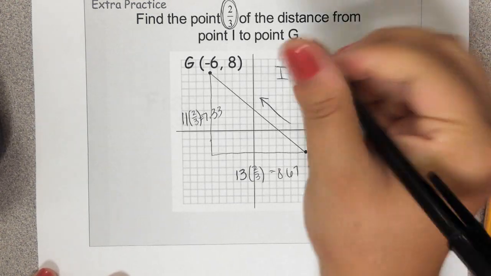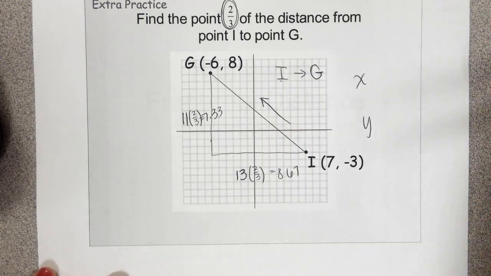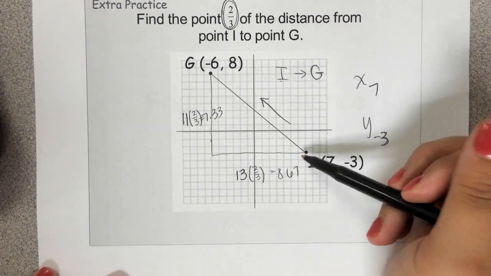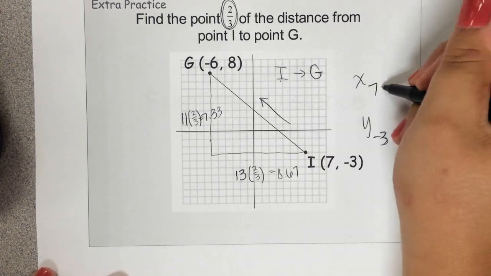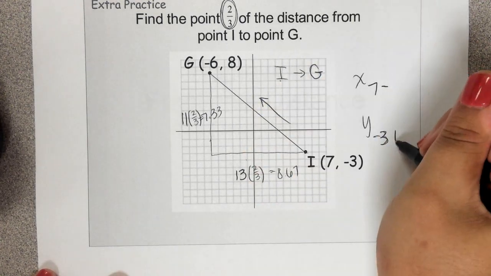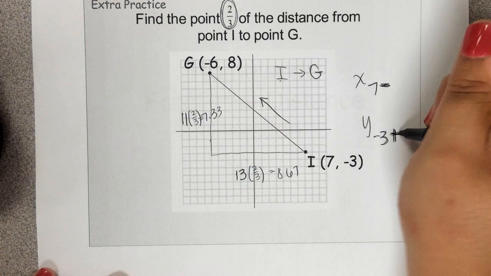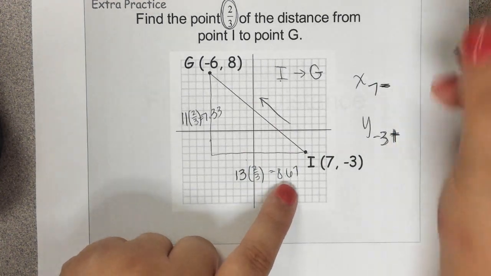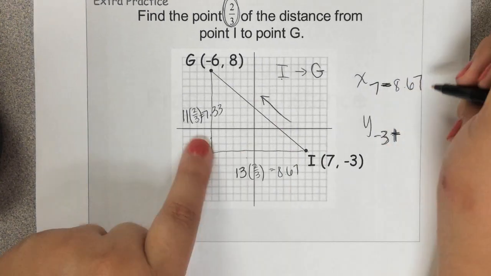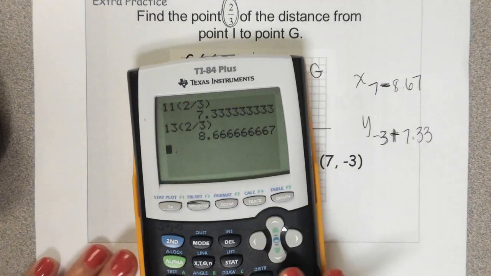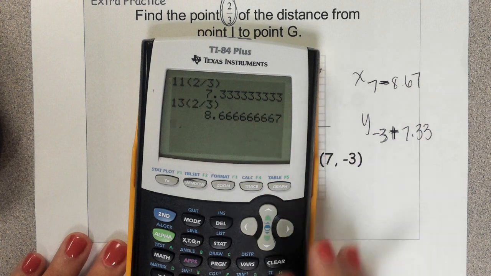Now, starting at I, because I to G. I is at 7, -3. I'm going left, so it's going to be minus, and up, so it's going to be plus. Minus and plus. And then my X is 8.67, my Y is 7.33. And I would just do that in the calculator. Again, you can arrow up.